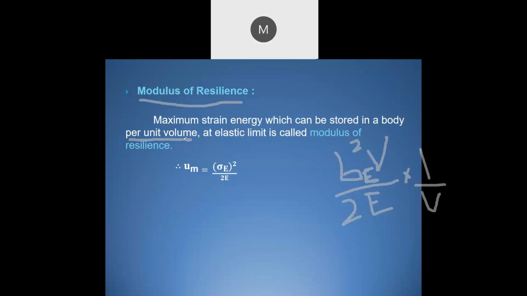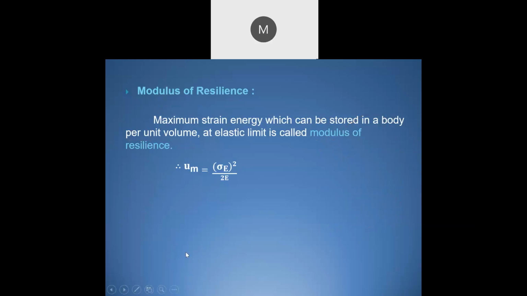Because per unit volume means you have to divide this whole part by volume, right? We can write it in this manner.